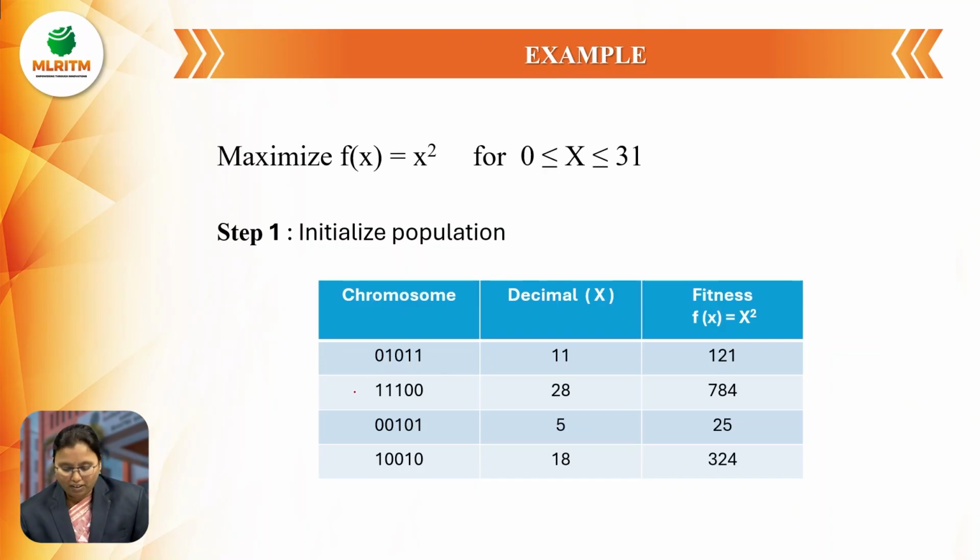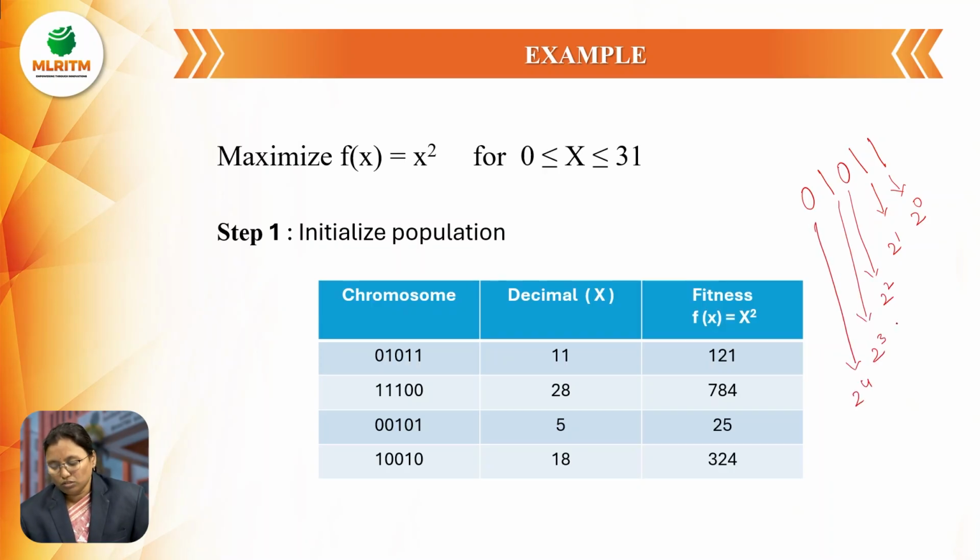How do we find these values? Suppose I am taking 0, 1, 0, 1, 1. What is the value of these binary bits? Initially we take 2 power 0, next 2 power 1, next 2 power 2, next 2 cube, and next 2 power 4. 2 power 0 is 1, so 1 into 1 is 1. 2 power 1 into 1 is 2.